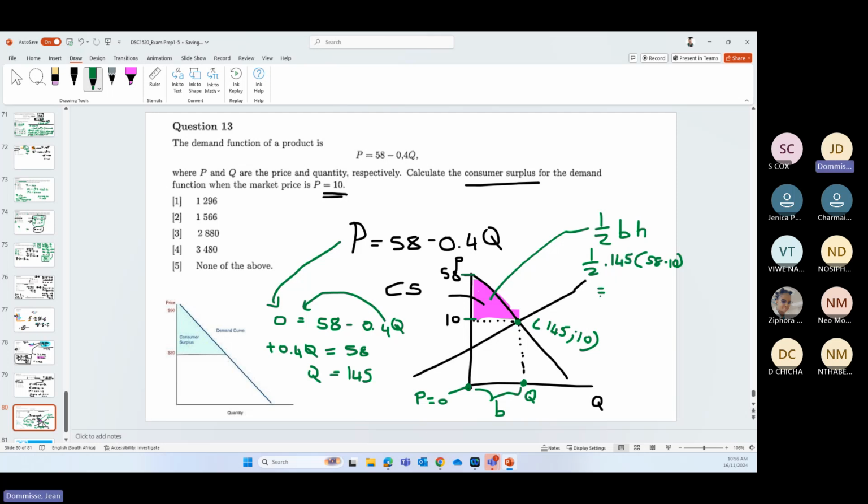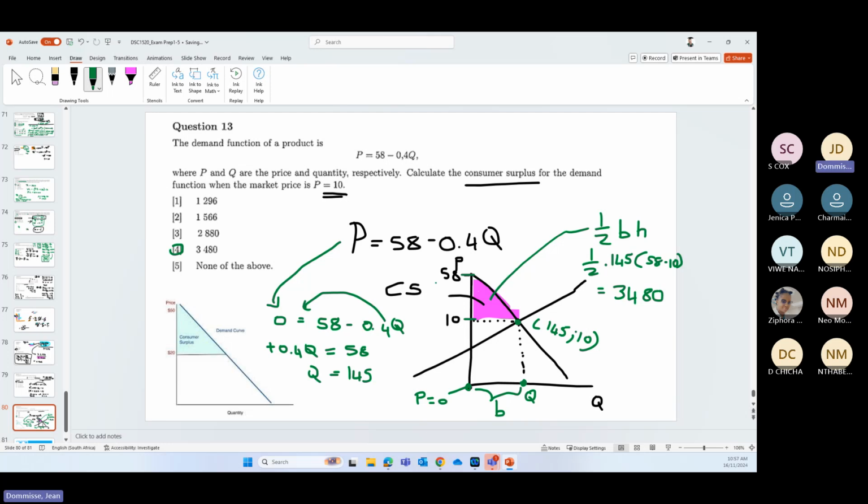So 58 minus 10 is the height, so it's 48. 48 times 145 is 6960, times 0.5 is 3480, which is option 4.